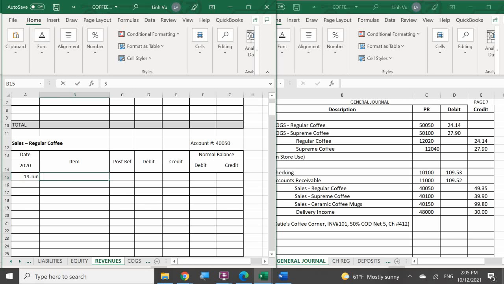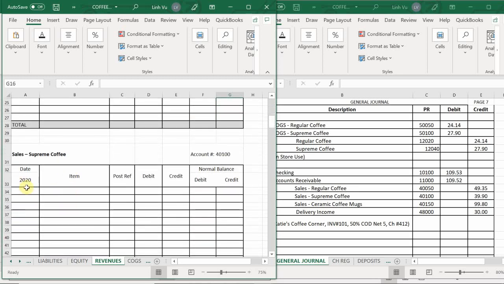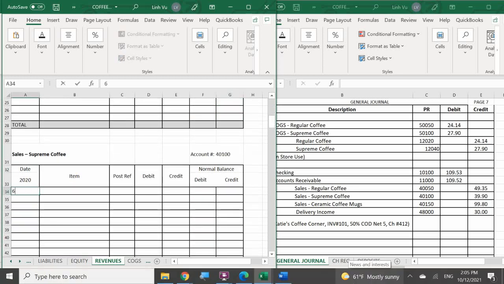Regular coffee, we sell 50 pounds. Okay. Journal 7. For $49.35. Good. How many pounds of Supreme coffee did we sell? We sold 10 pounds. Good.